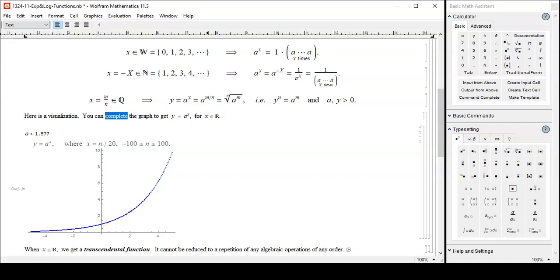The term mathematicians use is completion. You can complete the graph to get y equals a to the x power for arbitrary real numbers. So what is completion? Joining all those together and making them into a continuous curve.